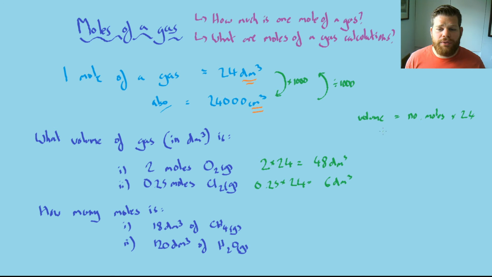So if we're provided with the volume and we're trying to work out the number of moles, we just do a little bit of rearranging, so that the number of moles equals the volume divided by 24. Over here we've got 18, so we've got 18 divided by 24, and this will give us the number of moles, which is 0.75.